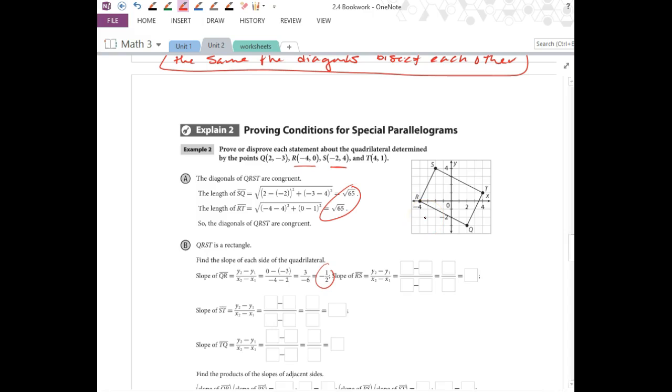Rise is up. Okay, so we can do 0 minus 4, and then do -4 minus -2. Or you can go the other way. You can do 4 minus 0 and -2 minus -4. Both of those will work. Okay, so you should get -4 over -2, which simplifies to 2.